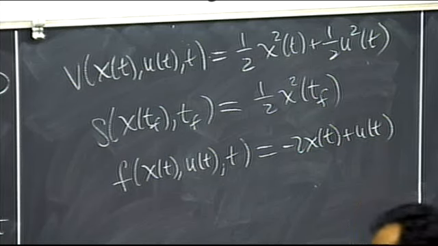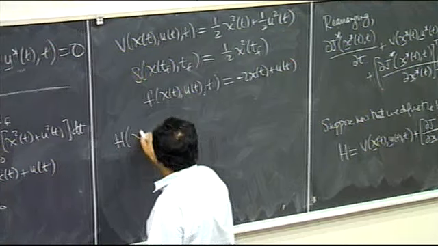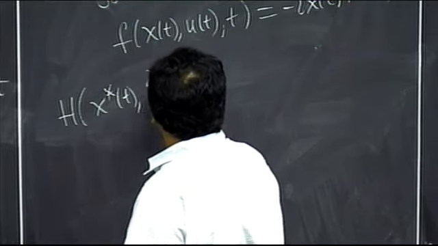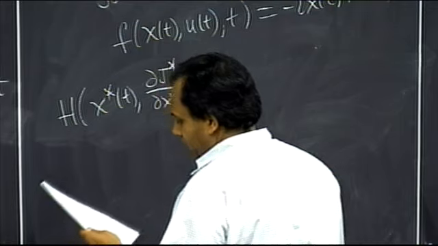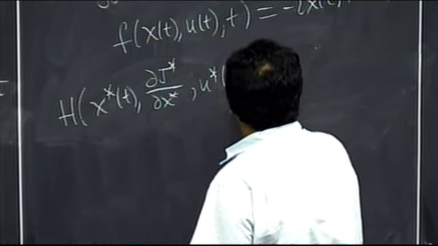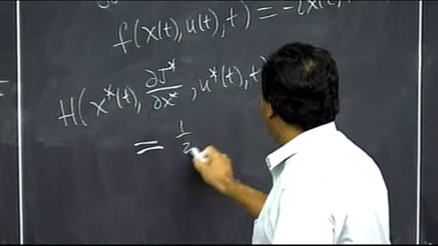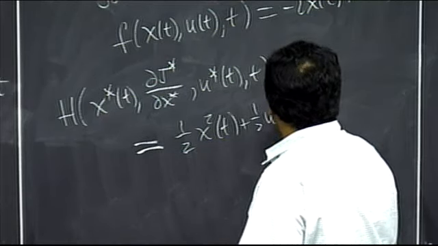Now, let's figure out everything. So, what is my optimal Hamiltonian? This is going to equal 1/2 x squared of t plus 1/2 u squared of t.